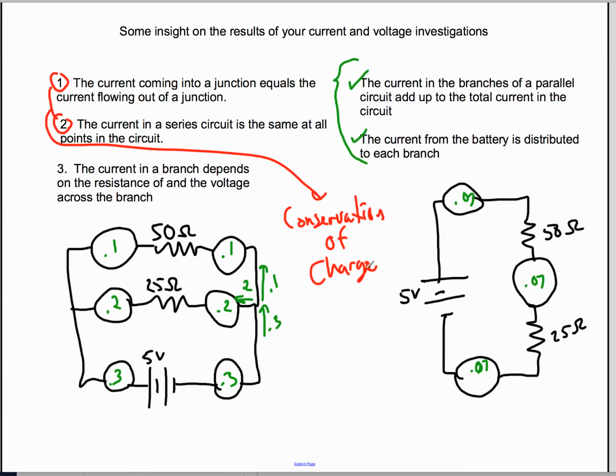That is the idea that charge can't be created or destroyed. And since current is just the rate of charge flow, we'd expect that no charge would be destroyed in the circuit. We may remove the energy stored in the wires thermally rather than electrically, but the charge itself doesn't go away. So again, both of these rules are consequences of the conservation of charge.